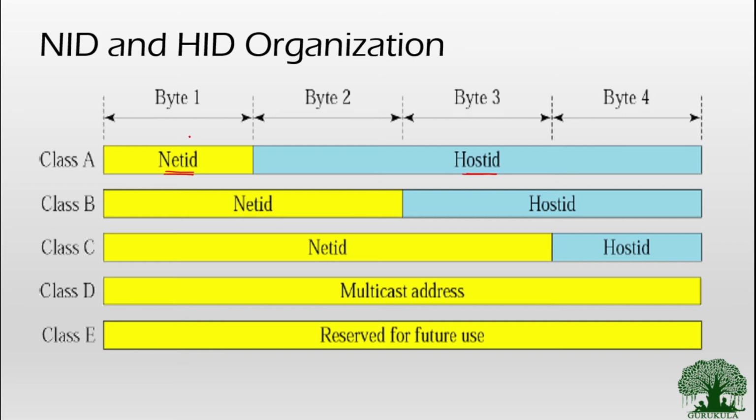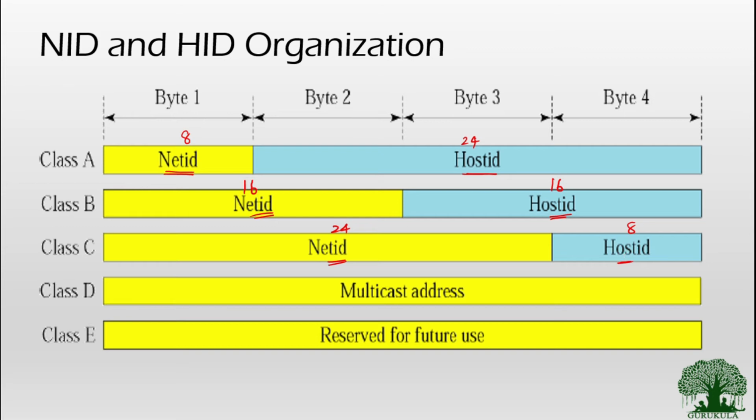So I will have only 8 bits to represent the net ID, and the remaining 24 bits will be allocated for the host ID. As far as class B is concerned, I will have 16 bits allocated for net ID and an equal 16 bits allocated for host ID. And as far as class C is concerned, there are 24 bits allocated for network and only 8 allocated for host ID. So this makes the difference.